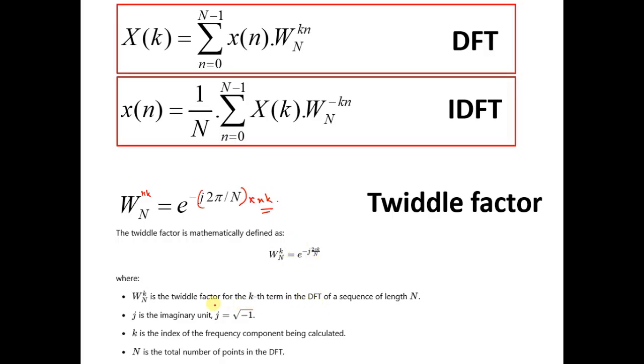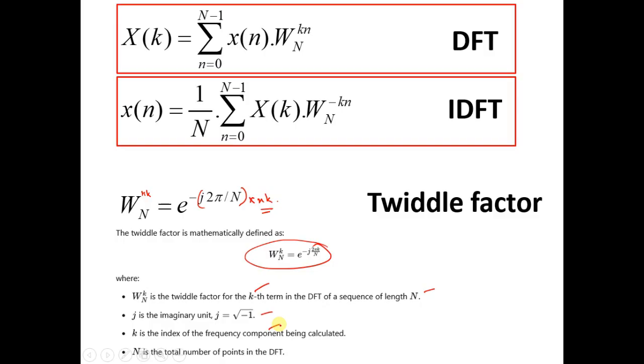If you see this as a whole, W_N^kn equals e to the power minus j 2 pi nk divided by capital N. Now here W_N^kn is the twiddle factor of the kth term in the DFT of a sequence of length N. And j is the imaginary unit, which is equal to square root of -1. k is the index of the frequency component being calculated.